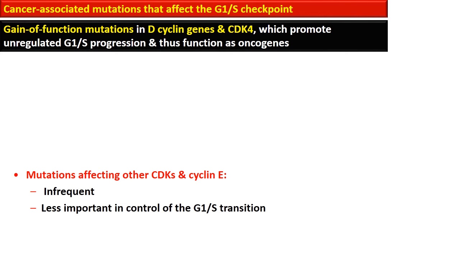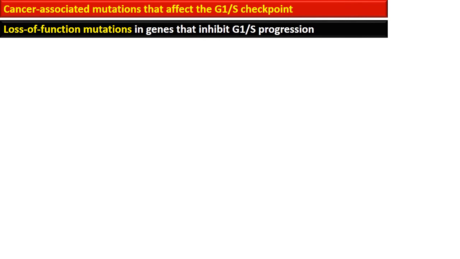Mutations that affect other CDKs and cyclin E are infrequent, and they are less important in the control of G1 by S transition.